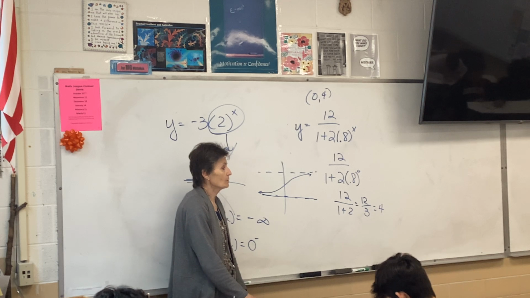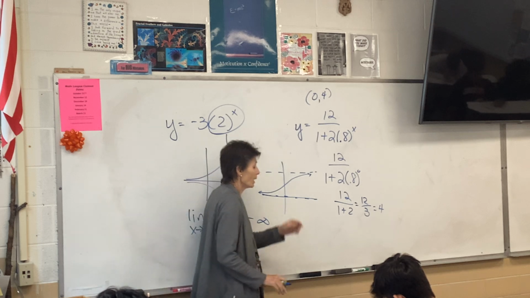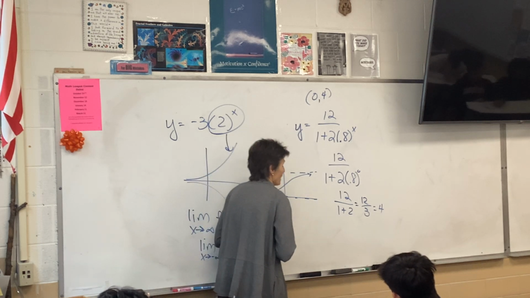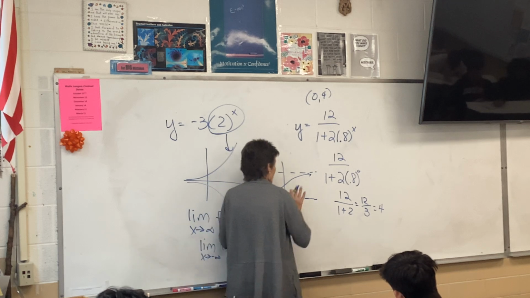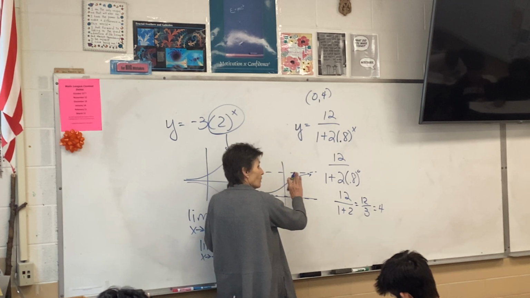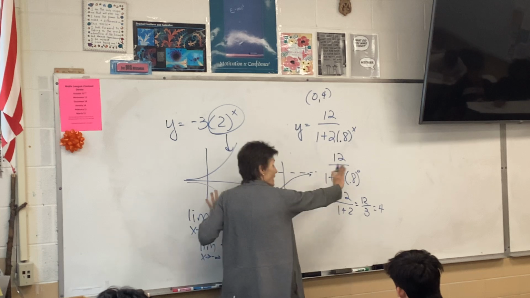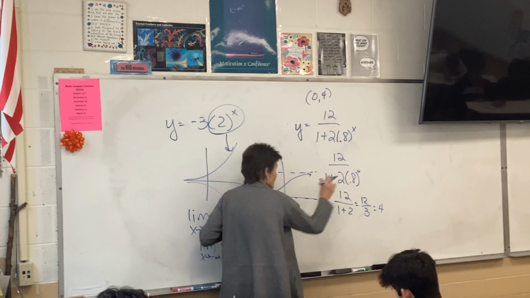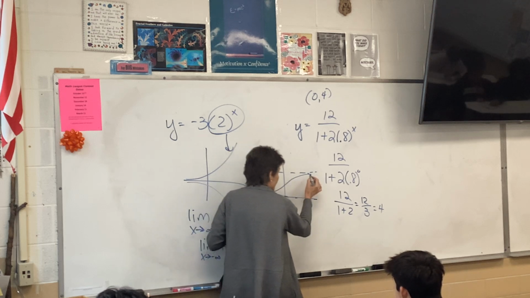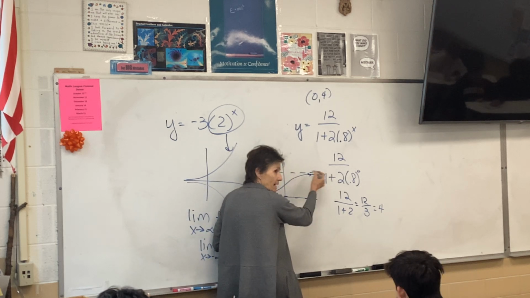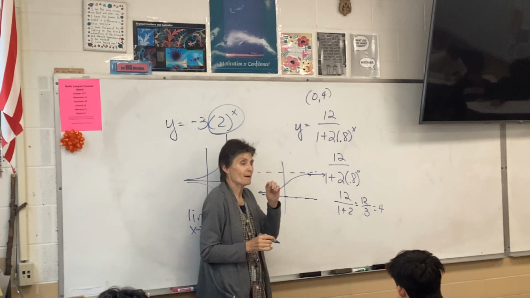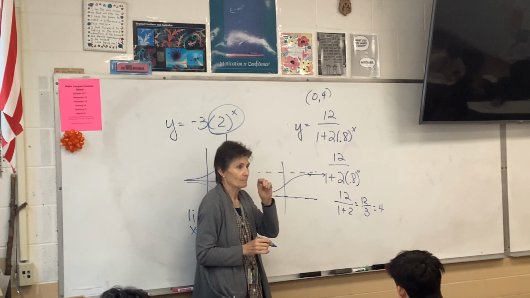Now, horizontal asymptotes, where are they? I want you to think about something for a second. Aren't the horizontal asymptotes the end behaviors? So the further I go this way, the closer I get. The further I go that way, the closer I get. So what I want you to think about is this.